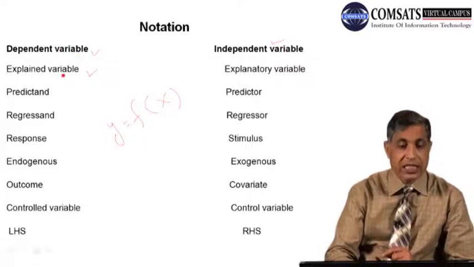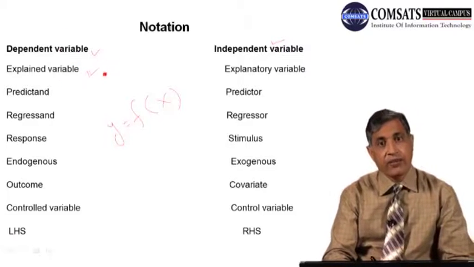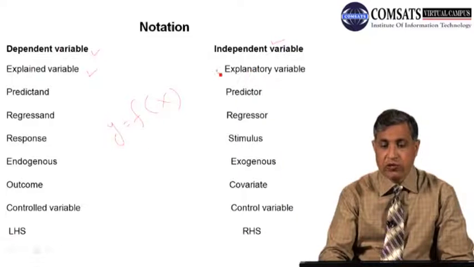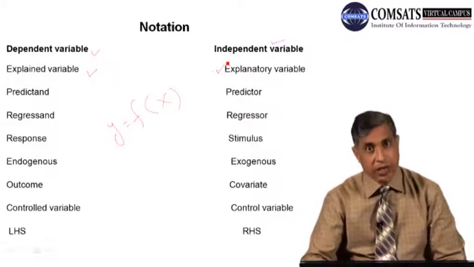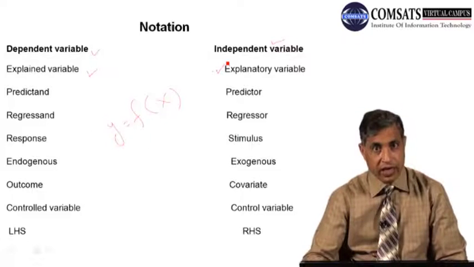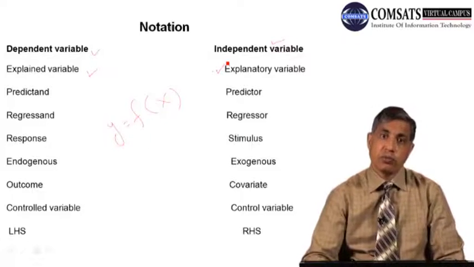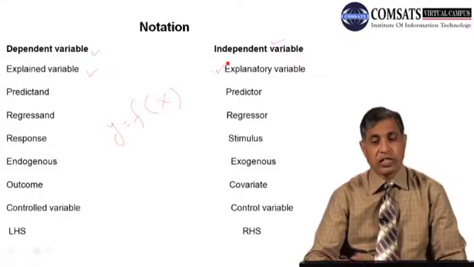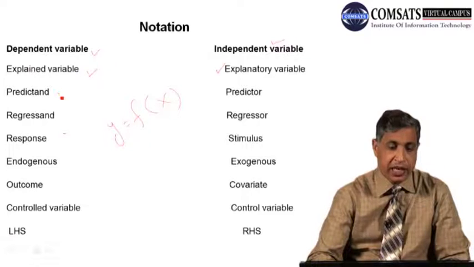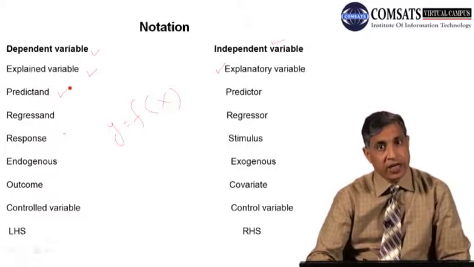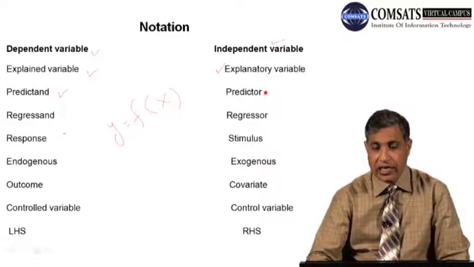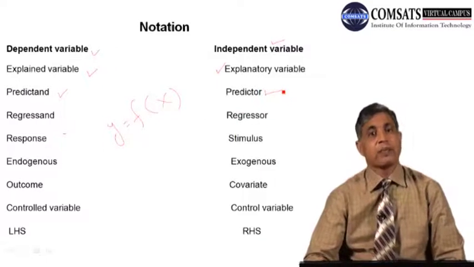Coming to the second one, this is the explained variable, and oppositely we call these the explanatory variable. It could be one variable if there is only one x variable, and it could be more than one, in which case we will say more explanatory variables. The dependent variable is also called the predictand, and on the other side this will be called the predictor.